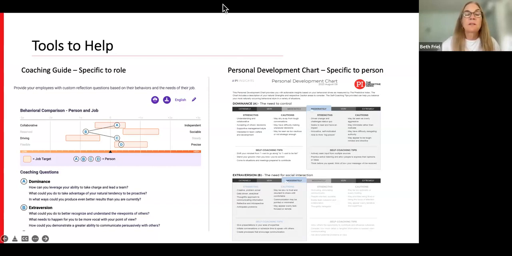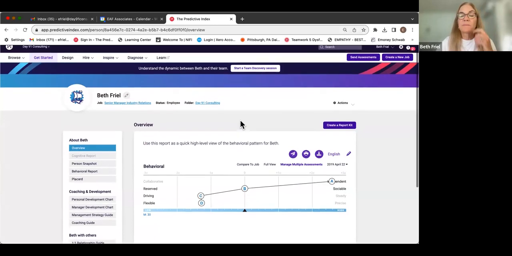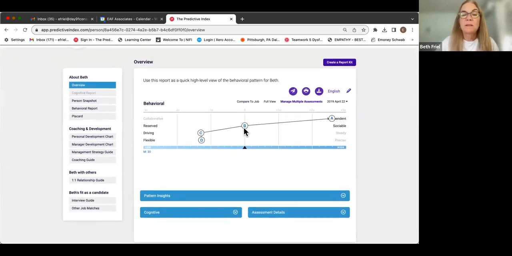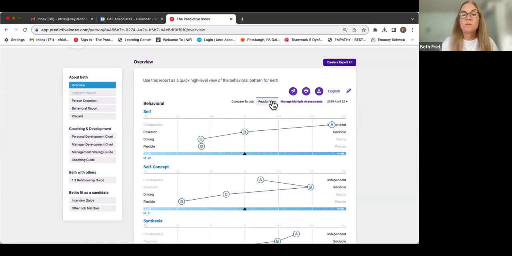Now I'm going to show you what happens when there's multiple self-concepts. Those of you who know me know this is me. This is myself. And when I do this and I do full view, it shows me the oldest one in the system. It's going to go back to 2019.